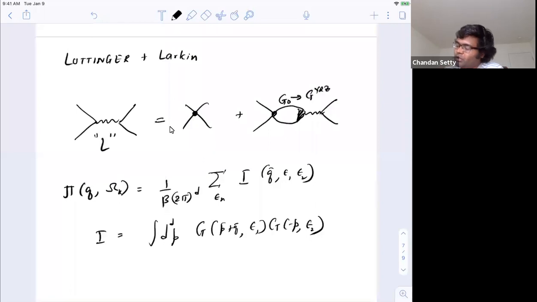Okay, in principle, you have a vertex here, and I'll come back to what this vertex is, but for now, I'll just put it to 1, and I'll see what effect that has.